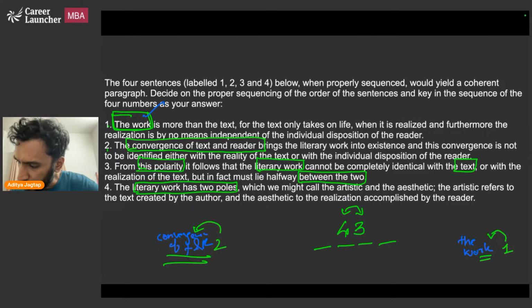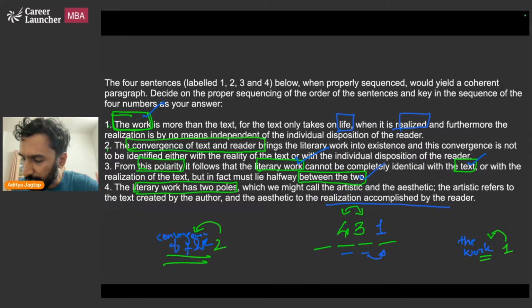If you notice here, literary work cannot be completely identical with the text. The reality lies somewhere between the two. So sentence 1 we'll try placing here. Then what happens is we are told in 4-3 about this polarity and how the work only takes on life when it's realized, when the realization is accomplished by the reader.